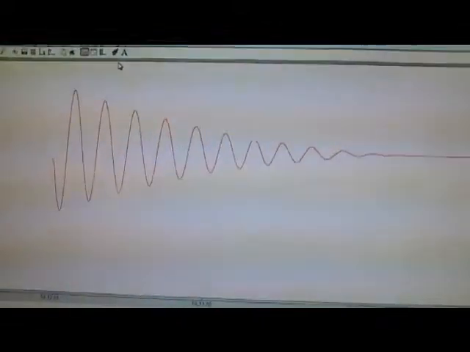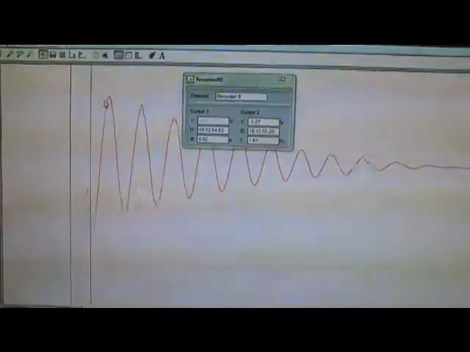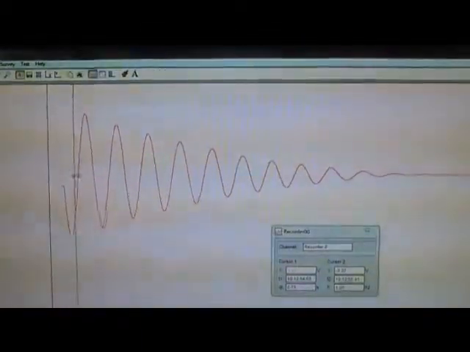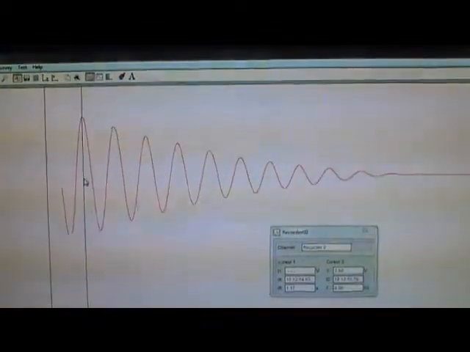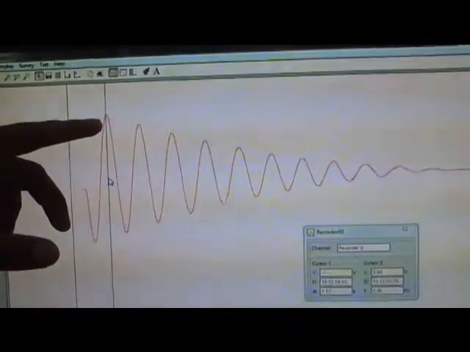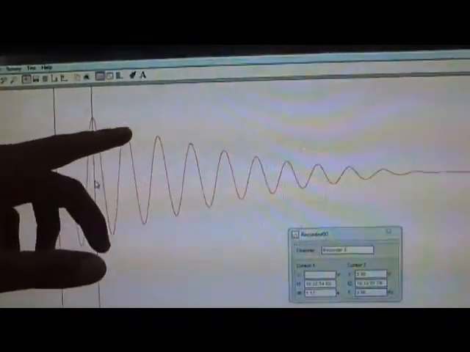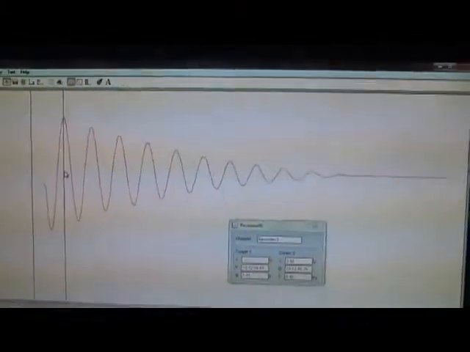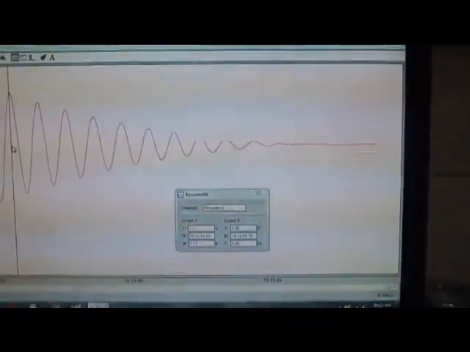To find the decay rate, first of all we need to click survey, and then we move the cursor to each peak of maximum point, and then calculate to determine the decay rate.